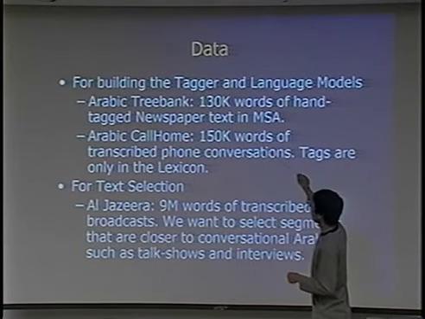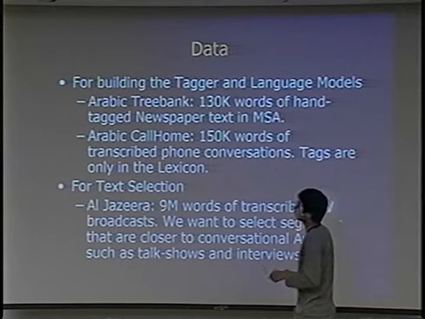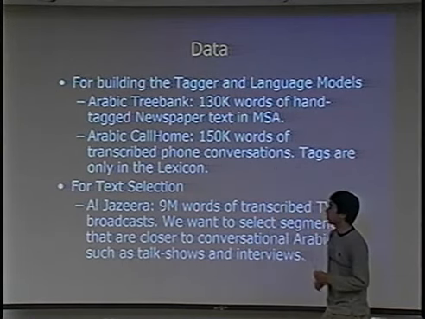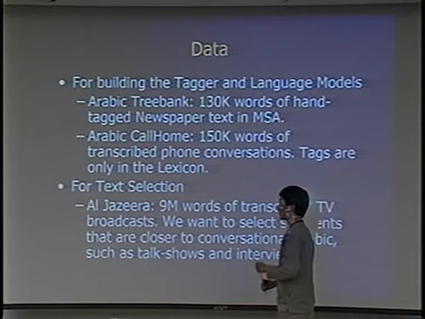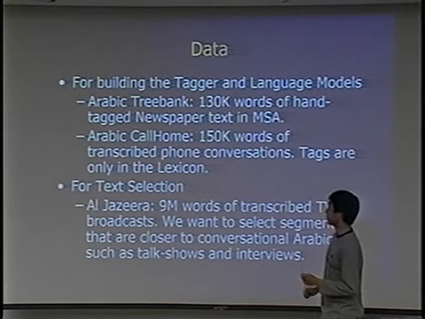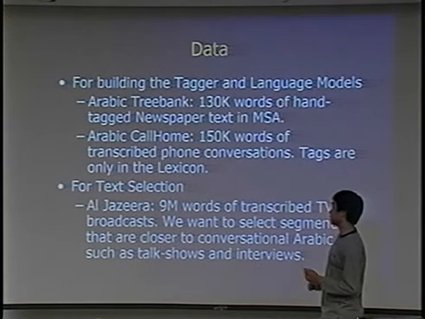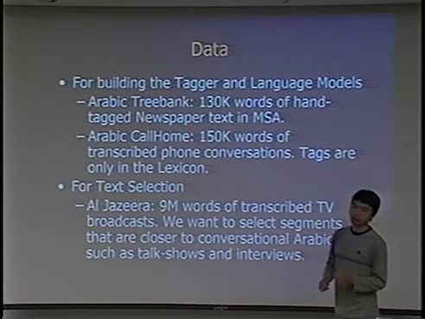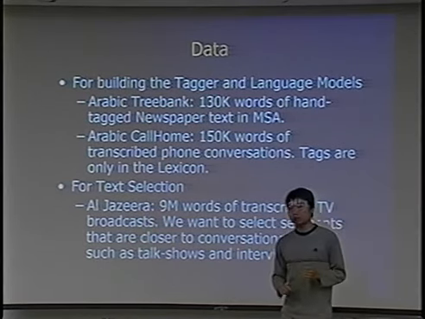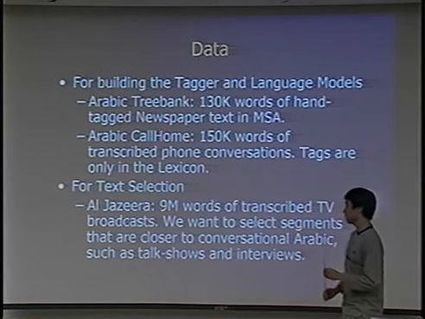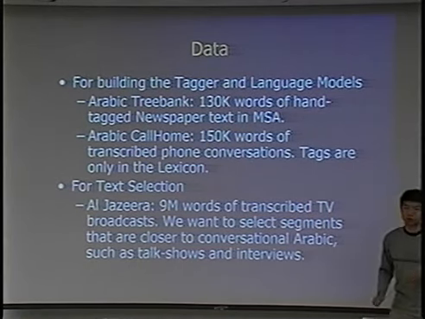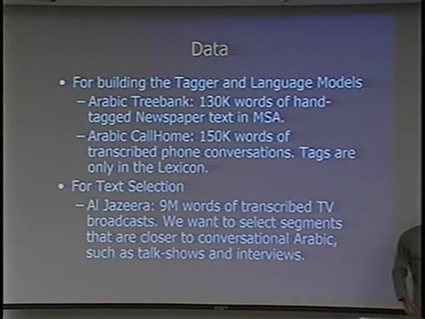We use these two data sets to build the tagger and to train the two language models. And the Al-Jazeera is the data on which we'll be doing our text selection. It's 9 million words of transcribed TV broadcasts. It's mostly news, which means it's mostly formal, modern standard Arabic. But it's hoped that it also has some talk shows and interviews which will be more conversational in nature.